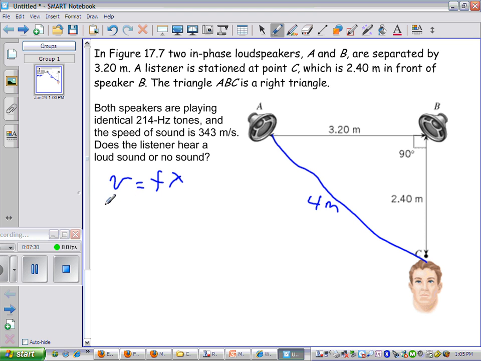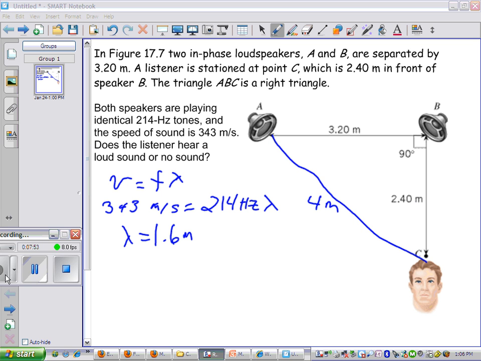We know that the velocity is 343 meters per second, our frequency is 214 hertz, and we want to solve for the wavelength. If we calculate that, we end up with 1.6 meters for our wavelength.